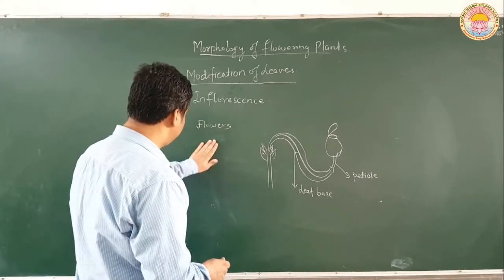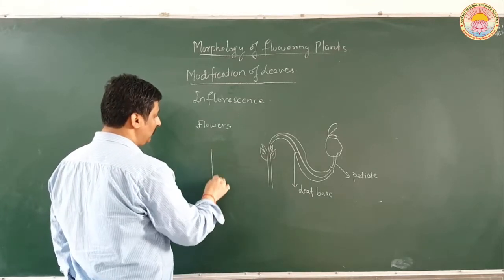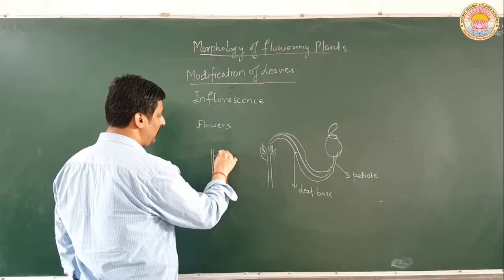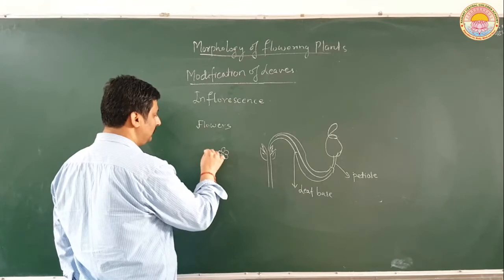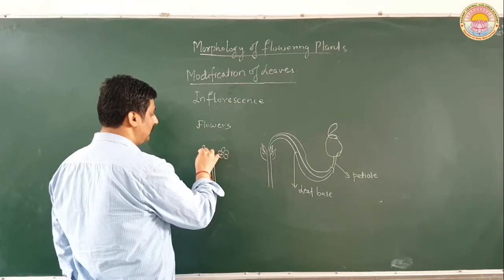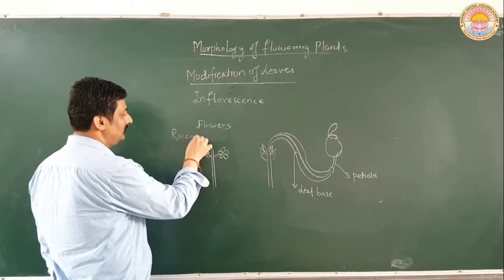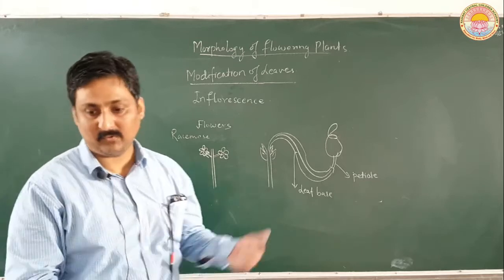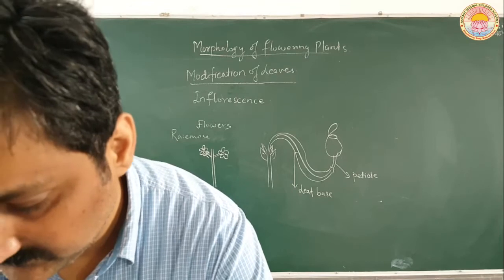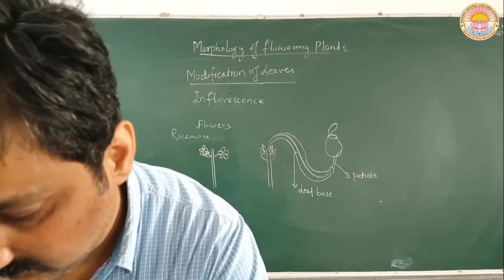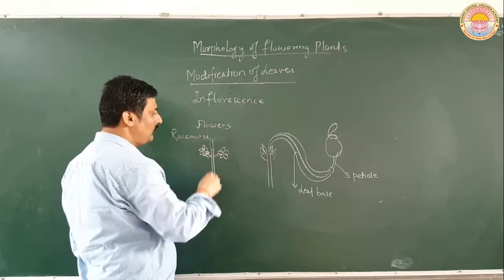Let us look at this. If suppose flower is present in the lateral position like this, this type of inflorescence is called racemose.